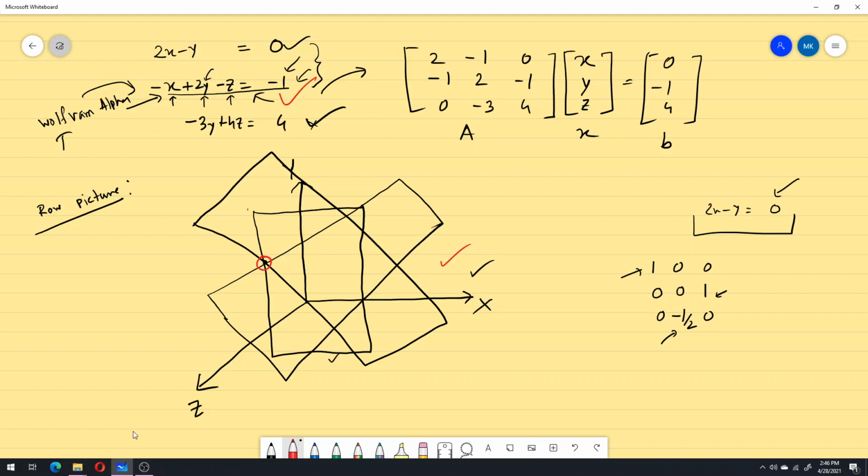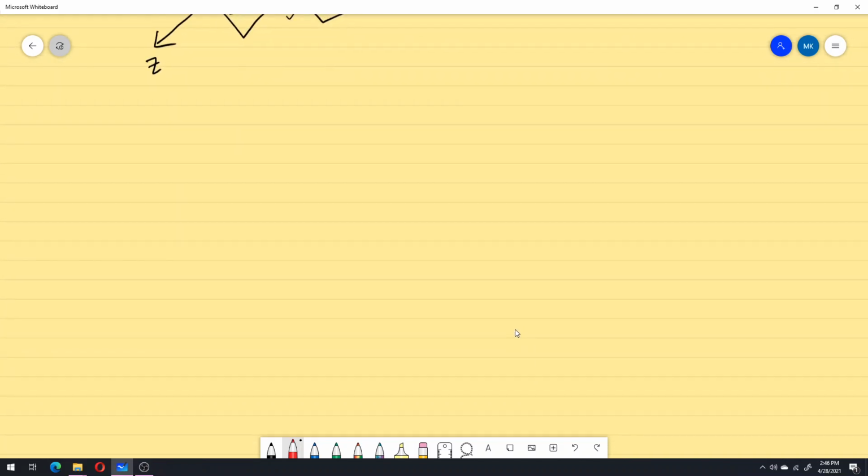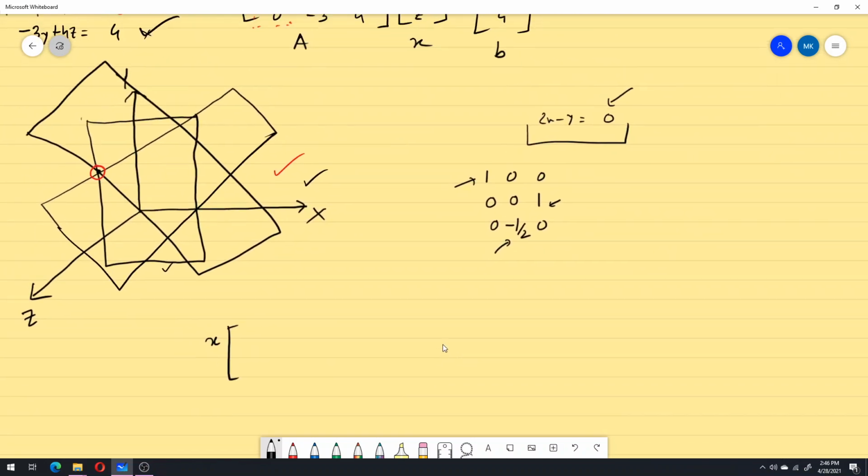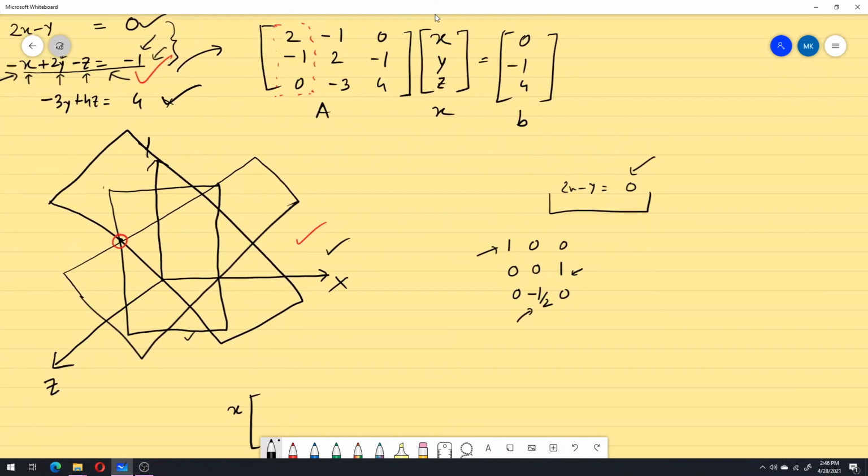Now the column picture of this. You have worked at the row level for this 3D coordinate system. Now you'll work with the column level. Okay, so the column picture would be, or you can express it as, x into the first column, y into the second column, z into the third column.